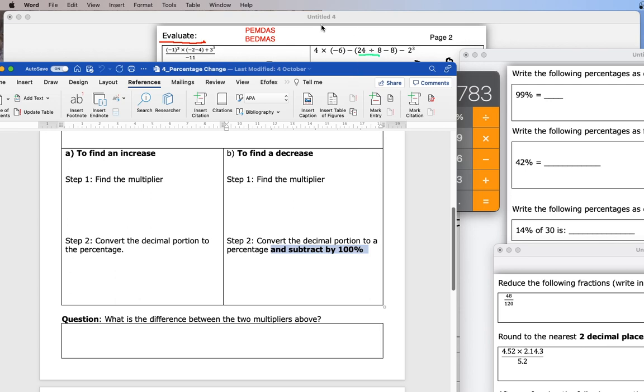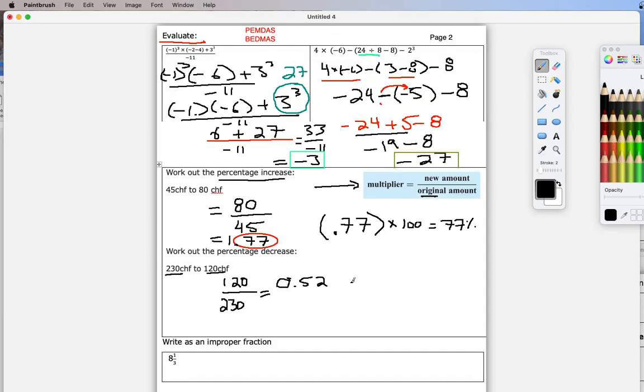So in this case, because it's decreasing, I have to subtract 100%. So first I'm going to change this to a percentage. So 0.52, if I want to change this to a percentage, it's like above here. So I times by 100. So I get 52%. And the last step is to do 100% minus 52%. So with a decrease, you always have to subtract this percentage, and you should get 48%.